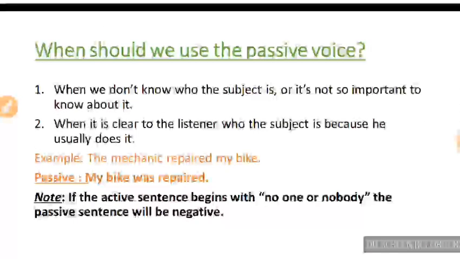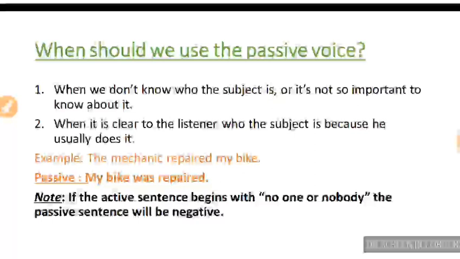Now let's have a look at when we should use the passive voice. There are two main cases. When we don't know who the subject is, or it is not so important to know about it, and when it is clear to the listener who the subject is because he usually does it. For example, the mechanic repaired my bike. My bike was repaired.